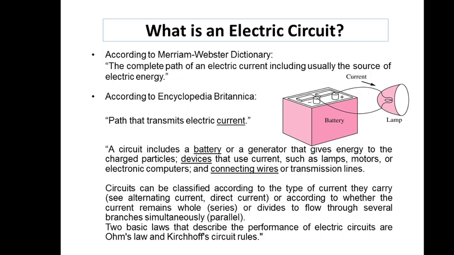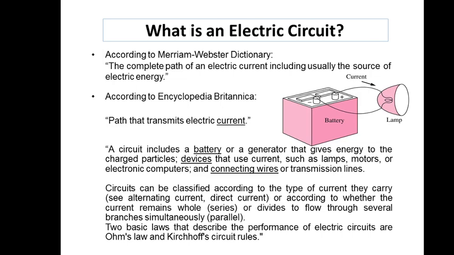You can observe here the battery and one load, here a lamp, or anything that takes the load. You can take a motor or electronic components. And another one is the connecting wires, from battery to lamp, lamp to battery.